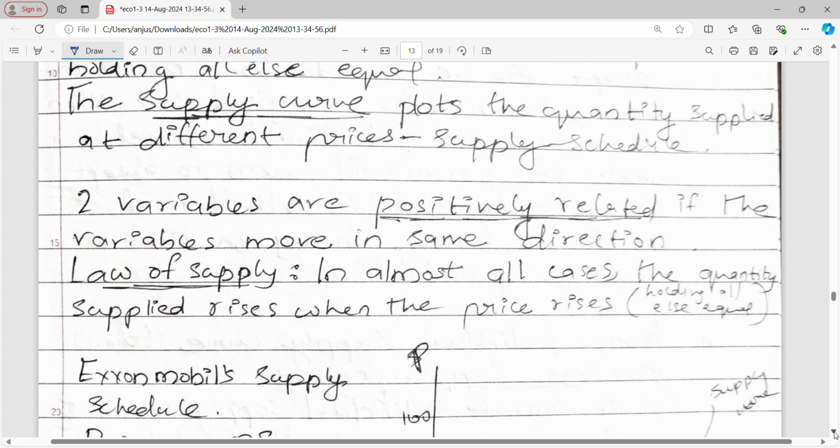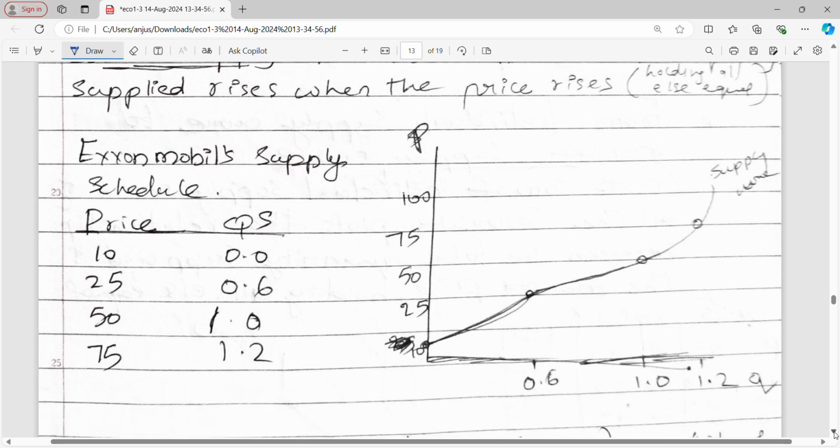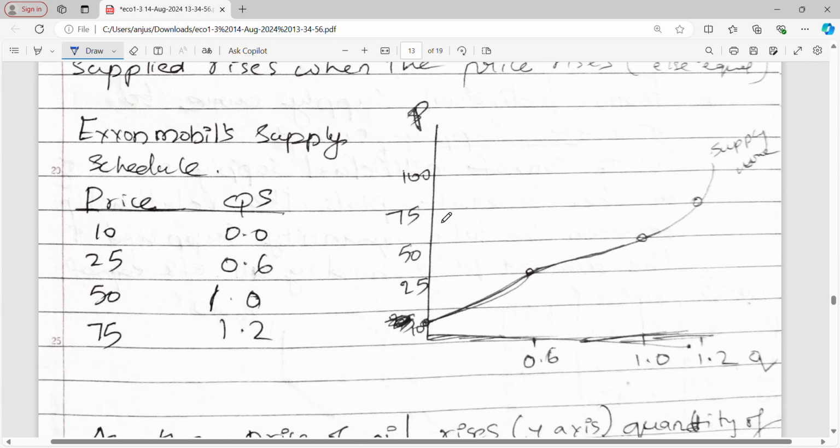In almost all cases, the quantity supplied rises when the price rises. For example, the ExxonMobil supply schedule: as the price of a barrel of oil increases, the quantity supplied also increases.